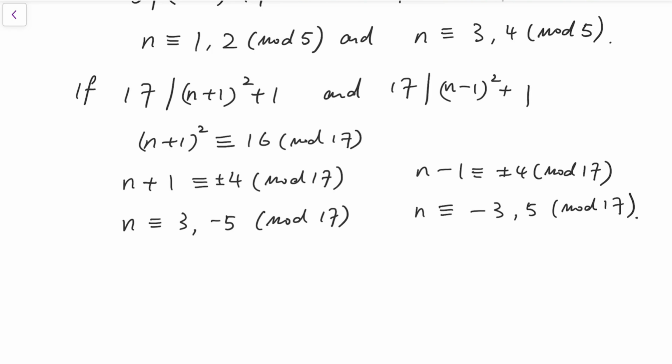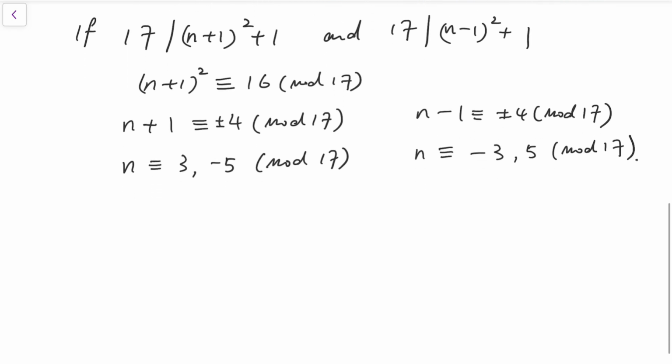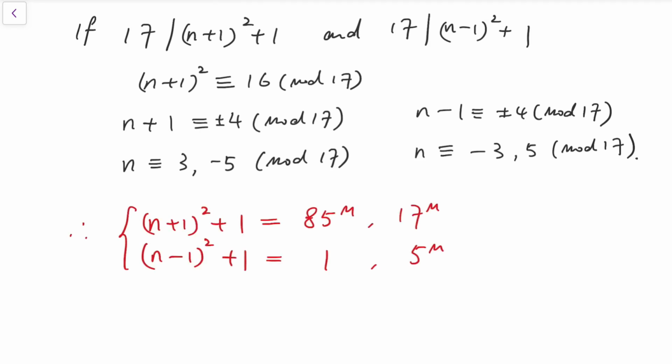Now from these calculations, we know that these two expressions cannot share any common prime factor. So there are only two ways that I can split 85 to the power m. One is that one of the expressions takes all the factors, so that equals 85 to the power m, and the other expression equals 1.